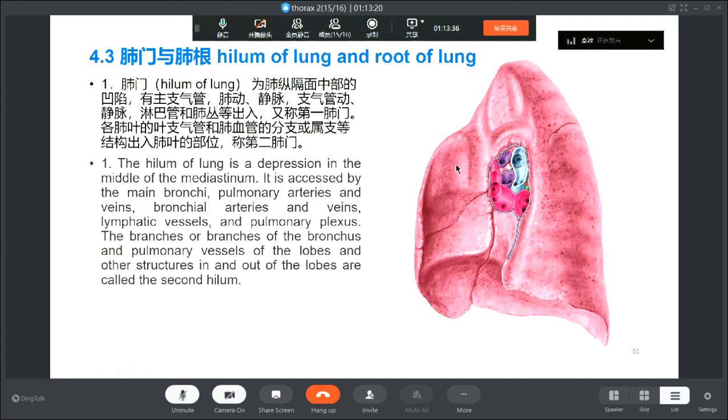They also include lymphatic vessels and bronchial vessels. The bronchi, the pulmonary vessels of the lobe, and other structures in and out of the lobe are called the second hilum.